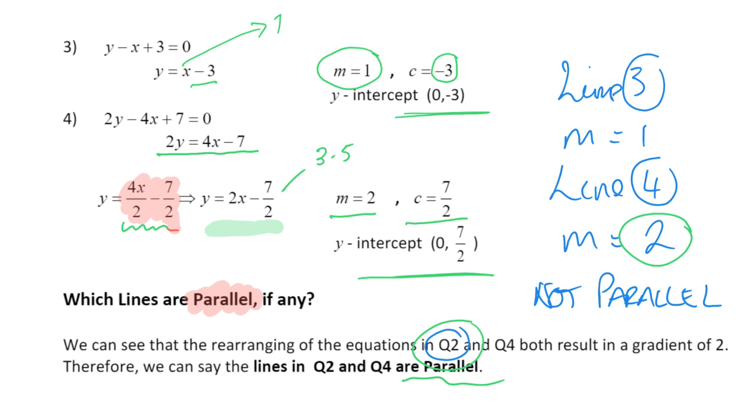It's just a little additional point, and you may be asked to rearrange equations to discover if there are parallel sides. You may just be given an equation in the standard form and asked to decide if they're parallel lines, and the deciding factor is that if they have the same gradient, then they are parallel.